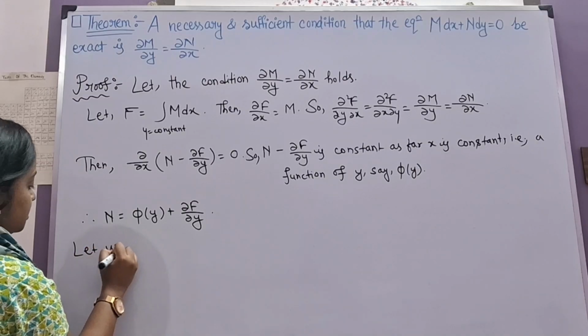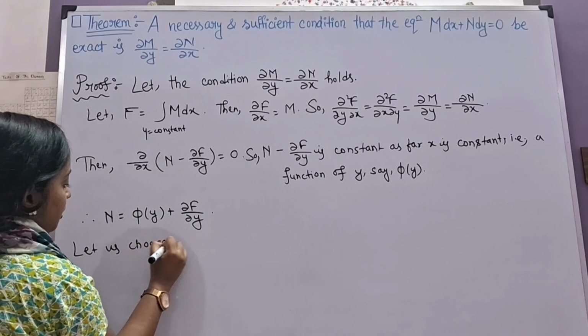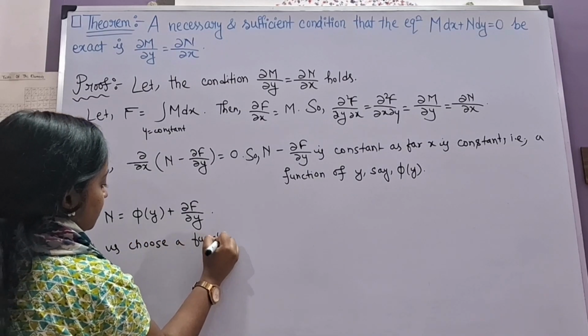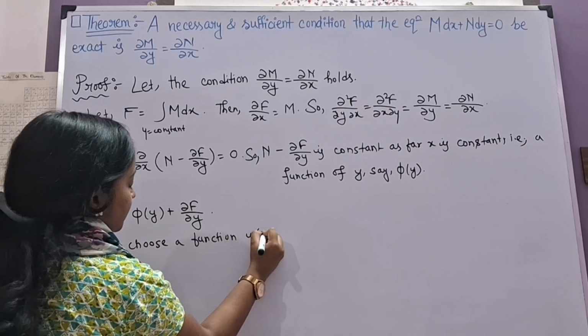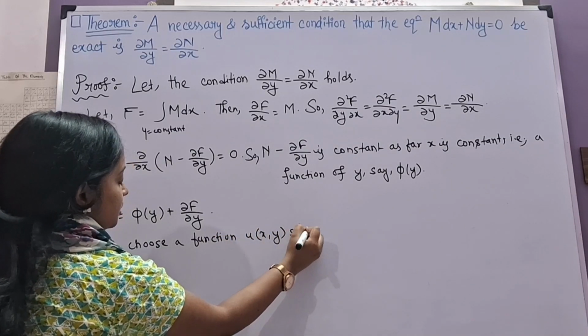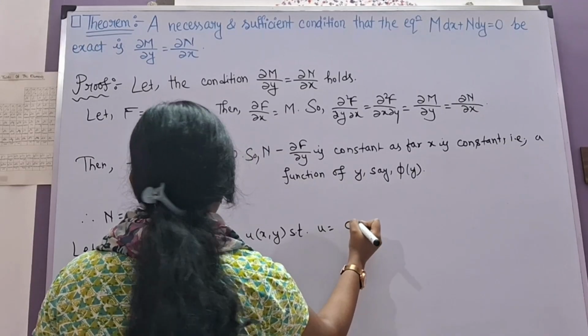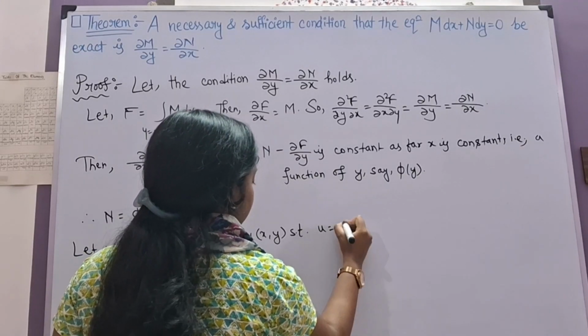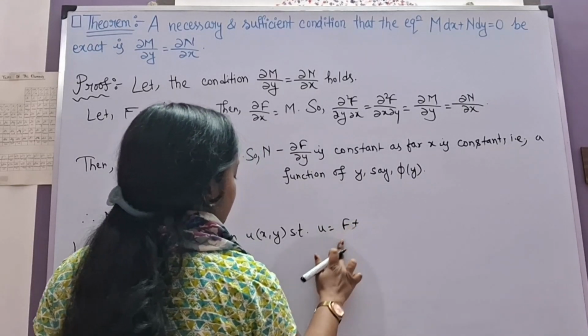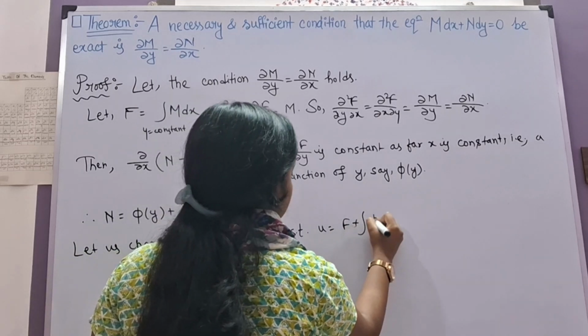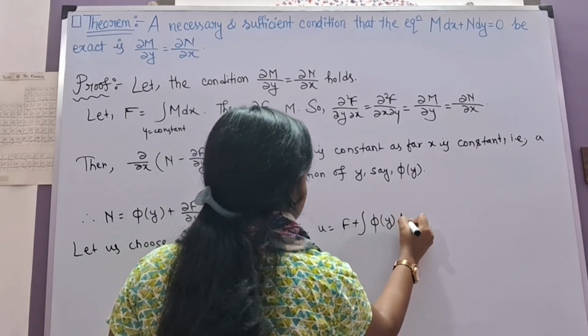Now let us choose a function u of x comma y such that u equal to F plus integration phi of y dy.